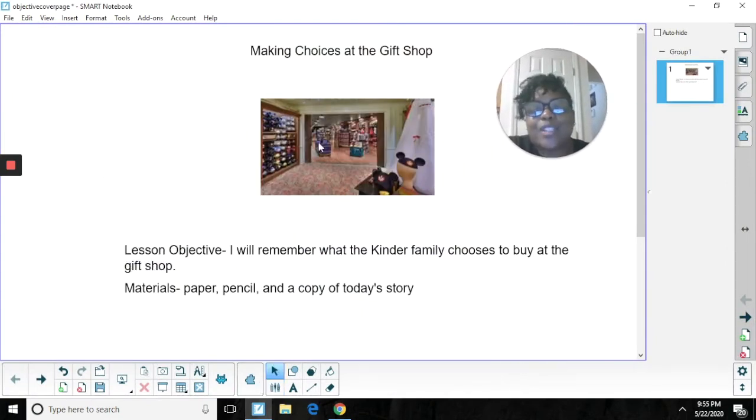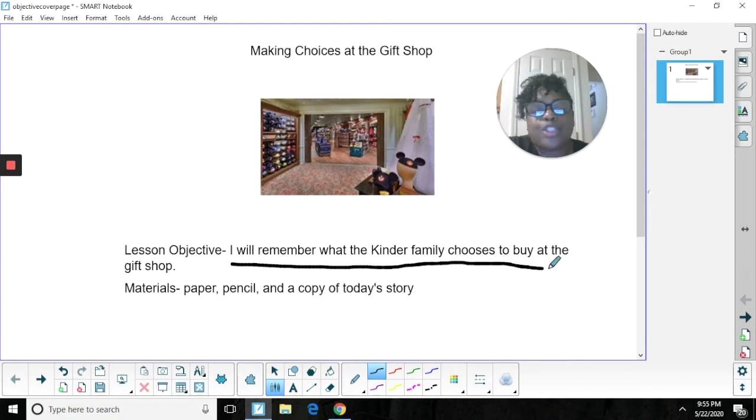Okay, and as you can see here, we have a picture of a gift shop. All right, so this is our lesson objective here, and it says, I will remember what the Kinder family chooses to buy at the gift shop. What are the materials that you're going to need?